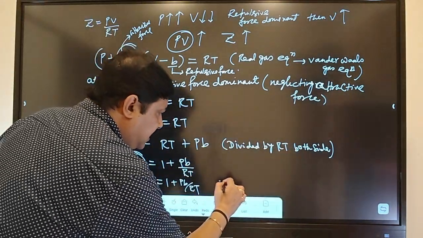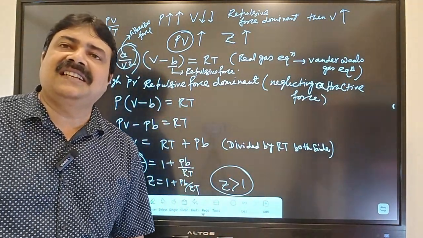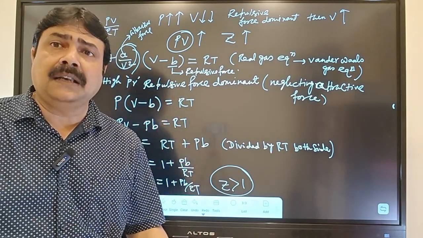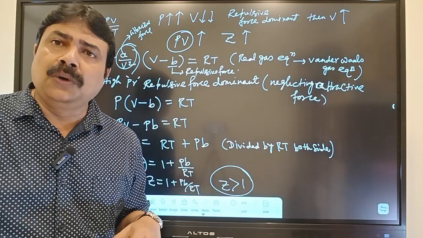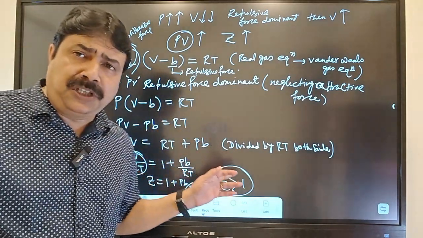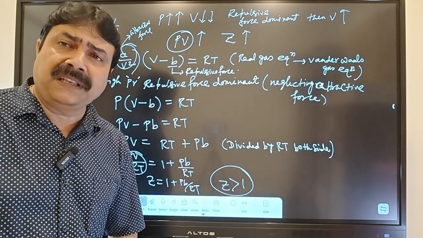So obviously Z will be greater than 1. Whenever Z is greater than 1, the repulsive force is the dominant factor. Whenever the repulsive force is dominant, you need to apply more and more pressure. Your compressibility factor is greater than 1, which means the gas is very hard to compress.